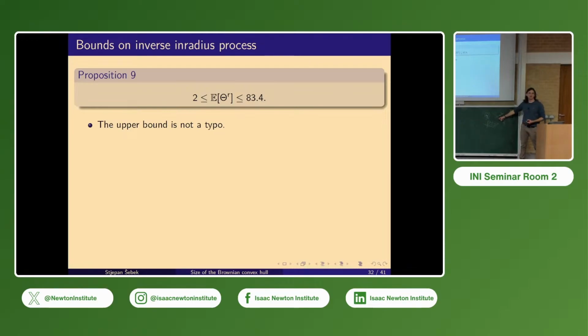So it doesn't affect the area, but it affects the inradius. So we really didn't know how to force any sort of a ball inside of our hull.